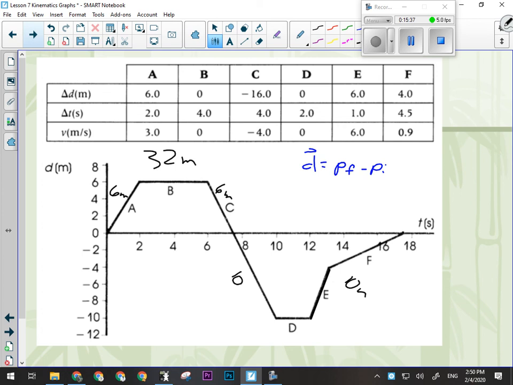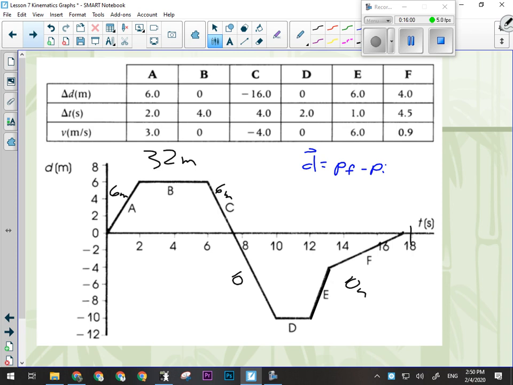What's the average speed? Assuming the whole trip takes 18 seconds, what's the average speed?